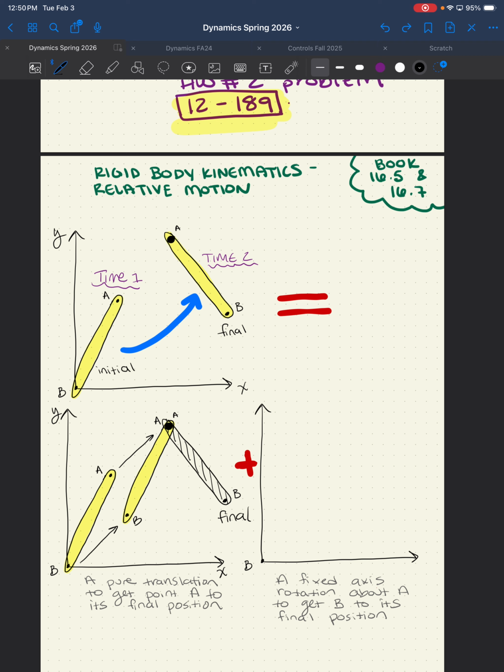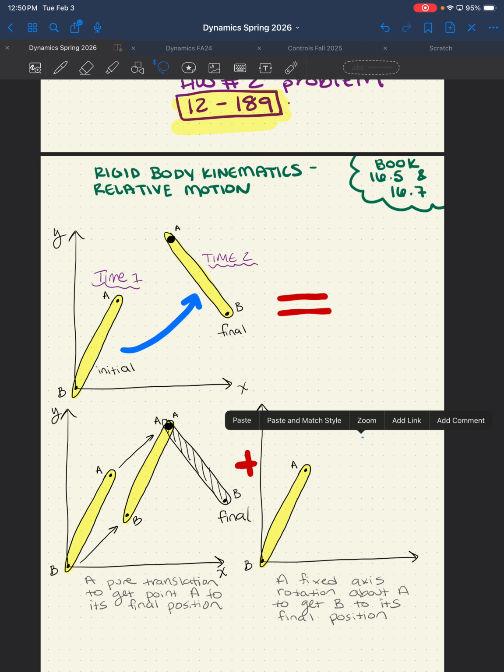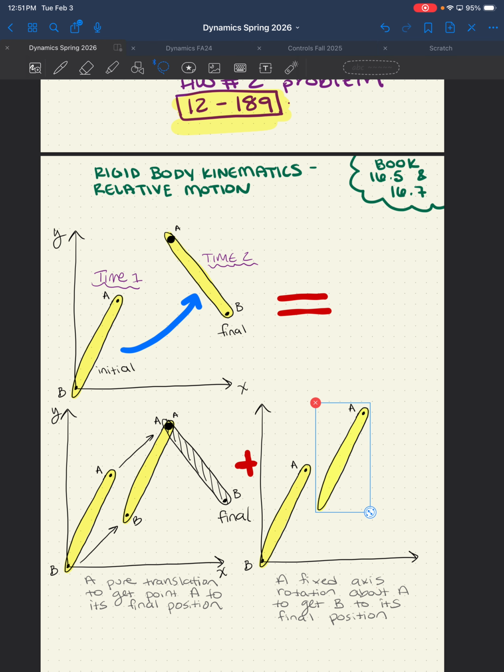Okay, so let's draw that on our fixed axis rotation picture. Copy. We got our initial position. We got our intermediate position. And we got our final position.